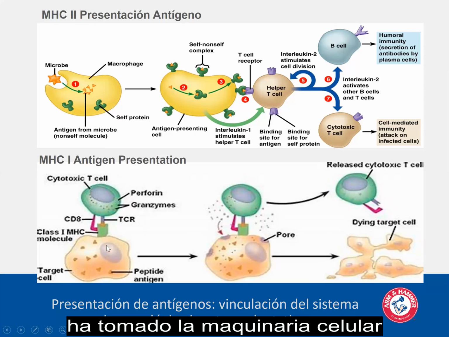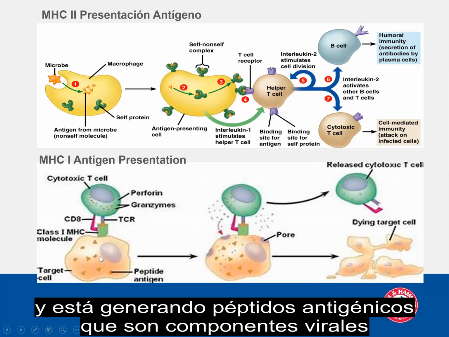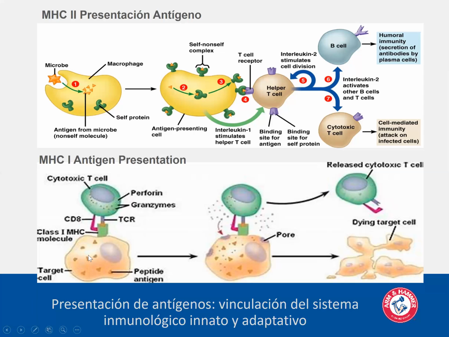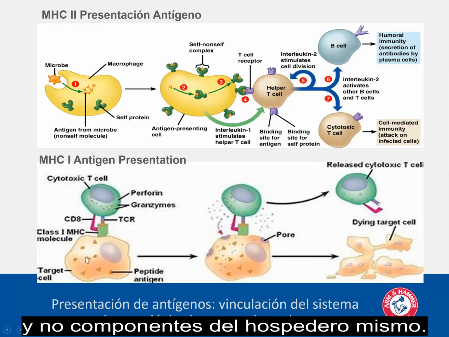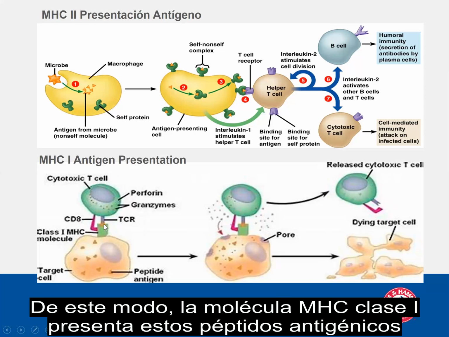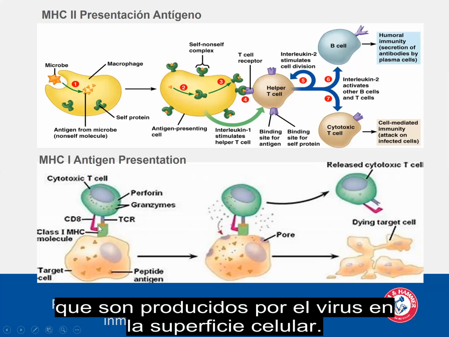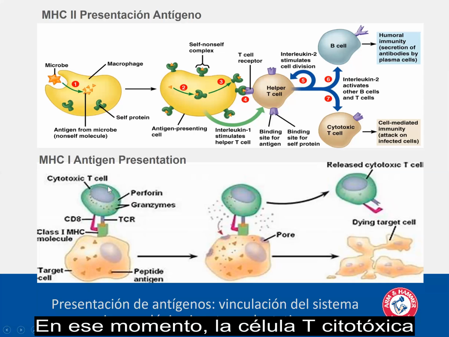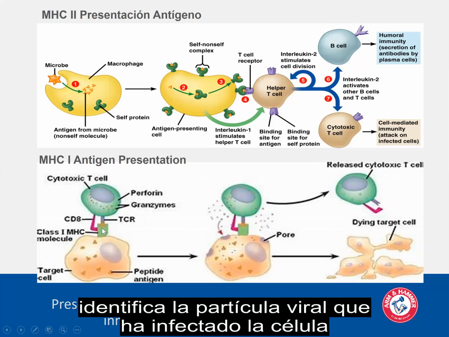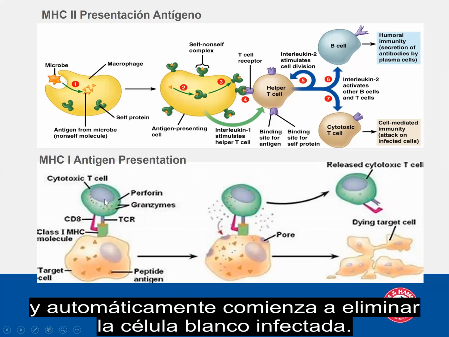It's taken over the cellular machinery and is now generating peptide antigens that are actually viral components, not the host itself. So the MHC class 1 molecule presents these peptide antigens produced by the virus on its cell surface. The cytotoxic T cell says, I see that's a virus particle that's infected this cell. And the cytotoxic T cell then begins to eliminate that target cell.